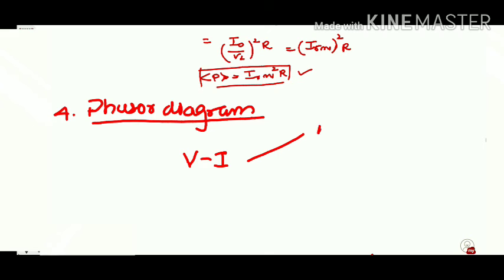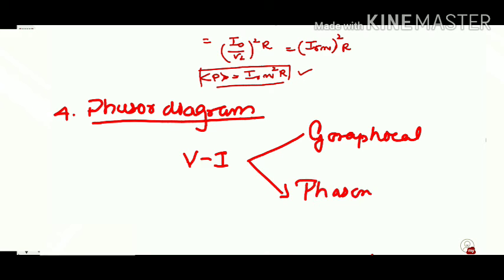One is the graphical method, which we studied earlier. The other is drawing a phasor diagram. A phasor diagram consists of a phasor, which is actually a vector capable of rotating with an angular velocity of omega.